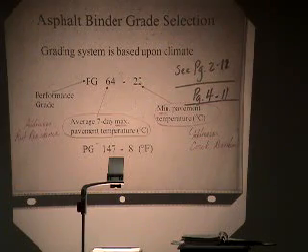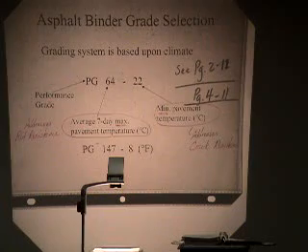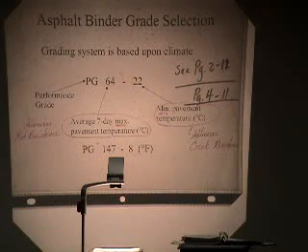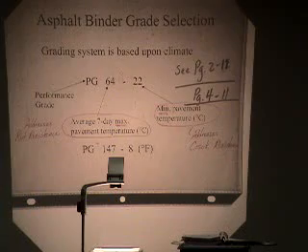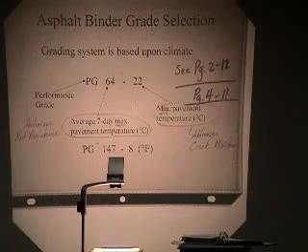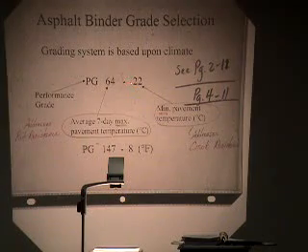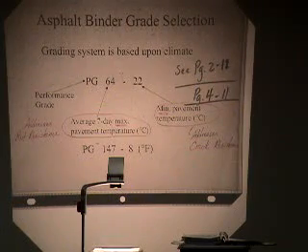There is an exception down in the southeastern part of the state, down around the Sand Hills, Fayetteville, Southern Pines, that area. Probably you would want to use a little higher grade. But again, for the most part, PG 64 would be the standard grade. On the lower end of the scale, when we look at North Carolina as a whole, minus 22 degrees would be the grade that we would want to use.